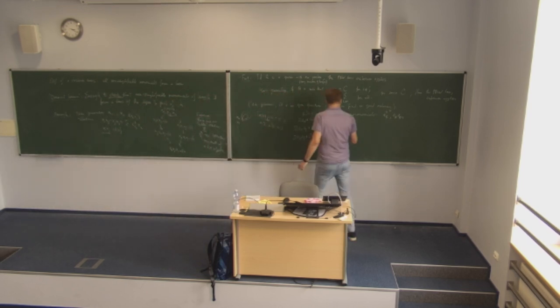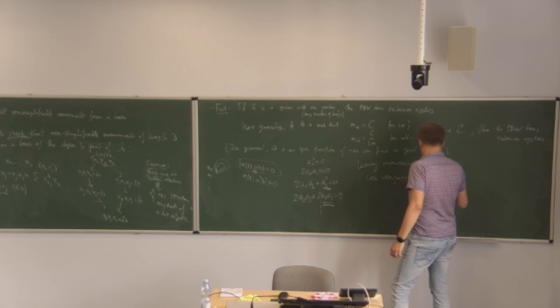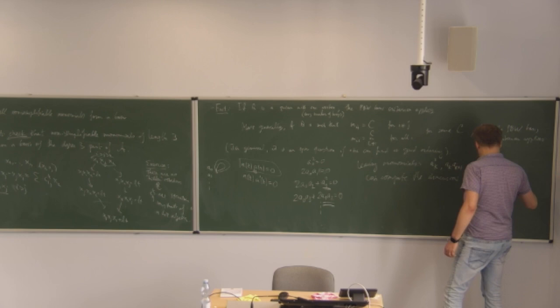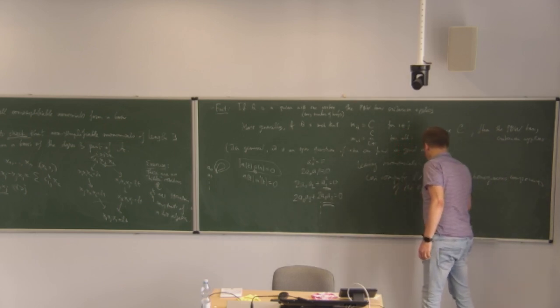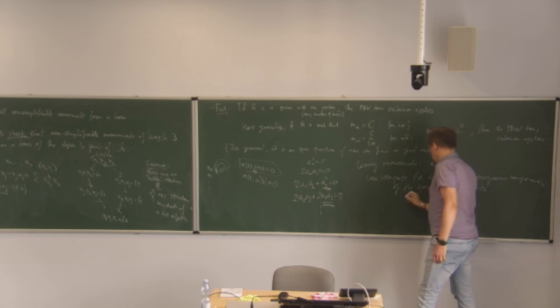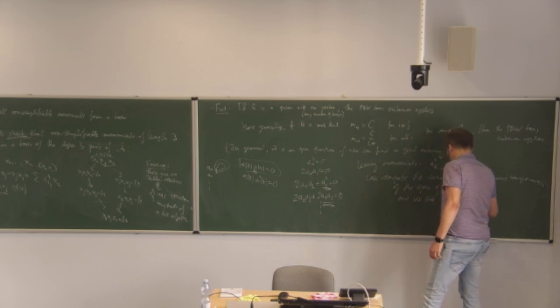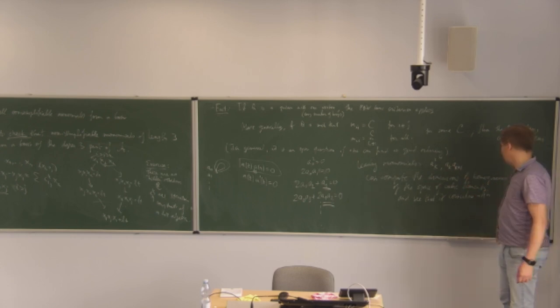So you can compute the dimensions of homogeneous components of the space of cubic elements and see that it coincides with the prediction given by non-simplifiable monomials.